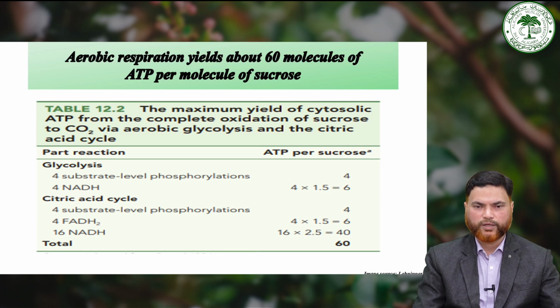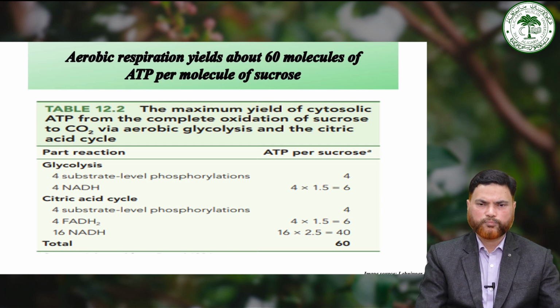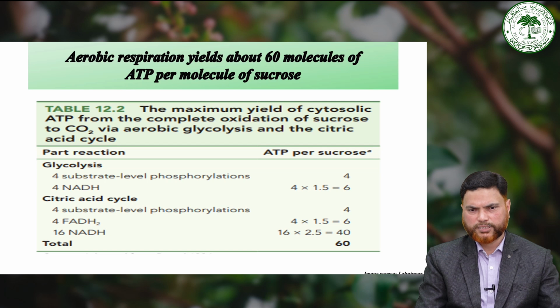Direct donation to cytochrome c oxidase, complex 4, via artificial electron carriers gives an ADP to oxygen ratio of 0.8 to 0.9. Then proton pumping and ATP synthesis is also very crucial.